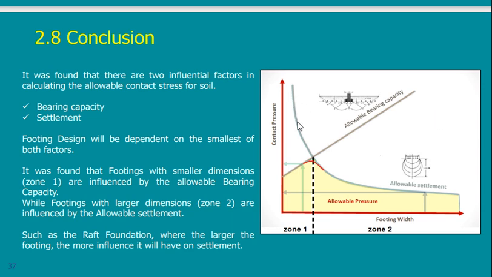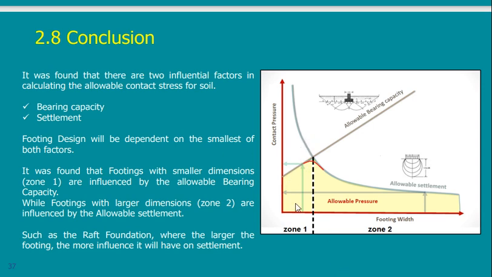And this curve is the line of all the calculations that I've got from the settlement. So this is based on the bearing capacity equation, and this is based on the settlement calculation. So in small footings, usually the smaller number is for allowable bearing capacity. If I go a little bit up, it will be the settlement.